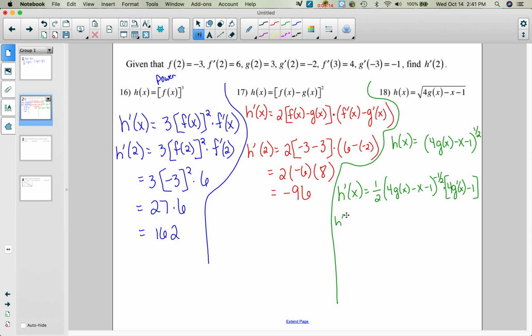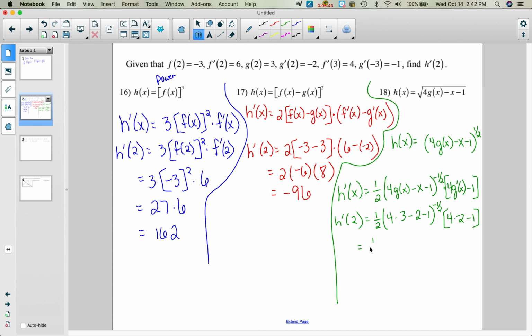Now I'm ready to plug in. So I get 1/2. I'm going to have 4 times g of 2 is 3, minus x is 2, so I'm going to put a 2, minus 1 to the negative 1/2, times 4, g prime of 2 is negative 2, and then we're going to have a minus 1.